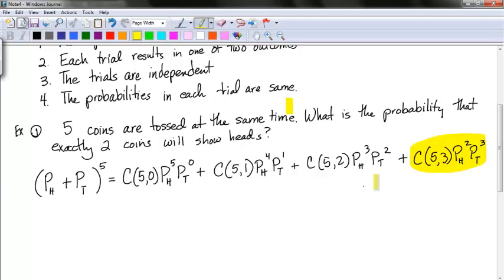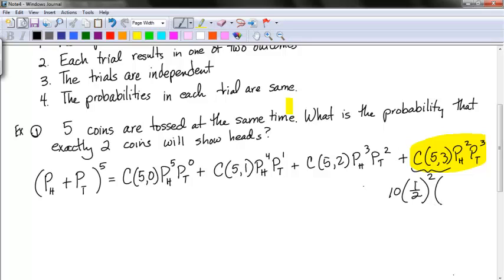Okay, now look on your chart. What's combinations 5, 3? You either do it on your chart or you do it on the calculator. What'd you get? 10. So that's just this part is 10. Then you have to say, what's the probability of it landing on heads? 1/2, right? Okay, 1/2 to the second power.